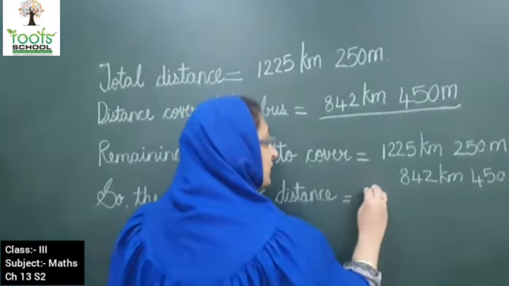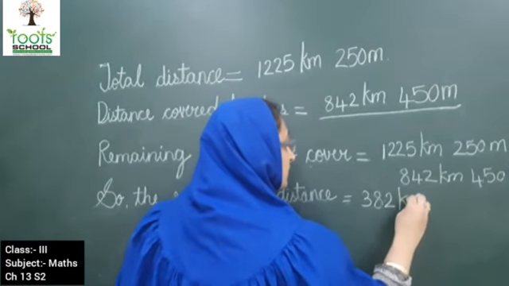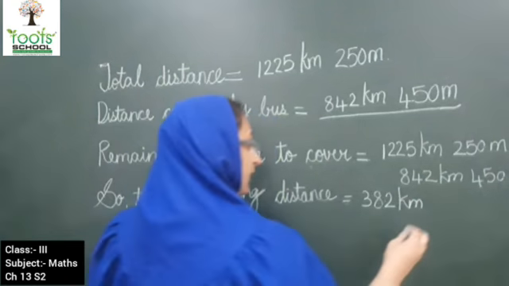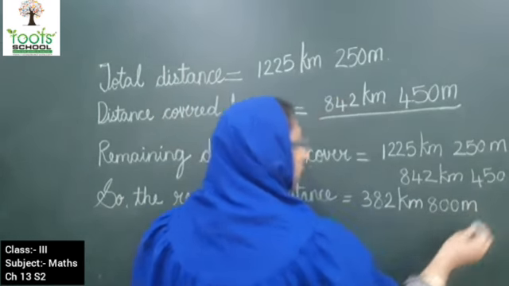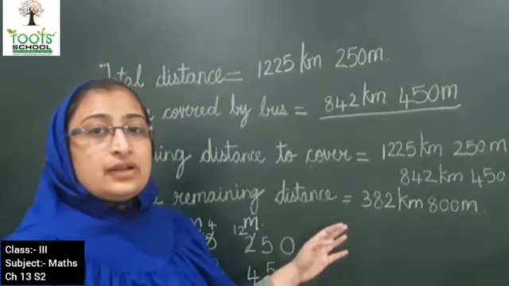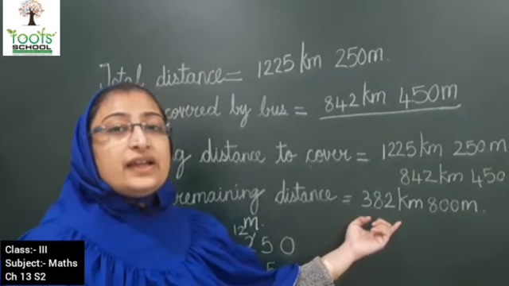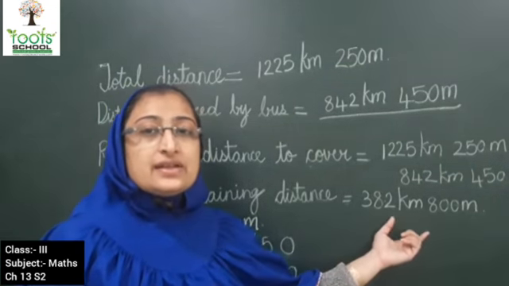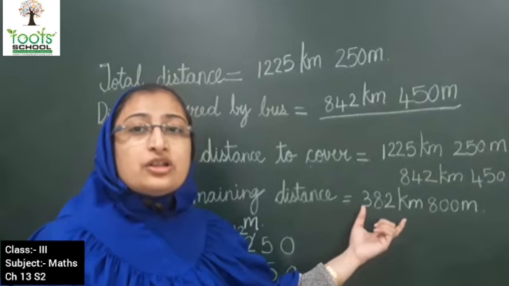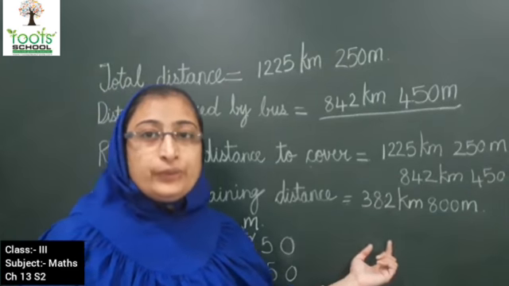What is the distance we get? 382 kilometers and 800 meters. After solving the sum, the remaining distance which we get is 382 kilometers 800 meters. This is the distance remaining for the bus to cover. Okay kids, I hope you have understood.